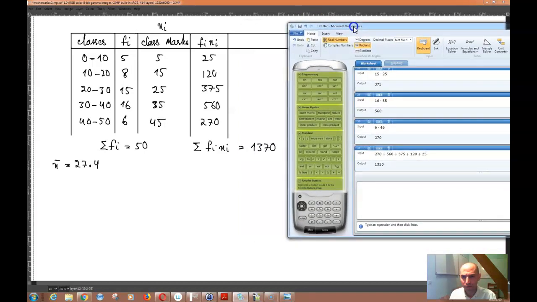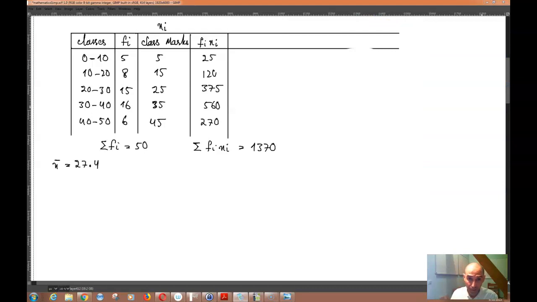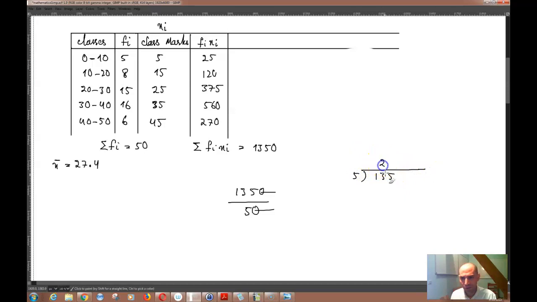Oh, that's supposed to be 1350. And then if I divide 1350 by 50, I can cancel these two out, and 135 divided by 5 is 27. That is 27. I made a mistake there. Okay.